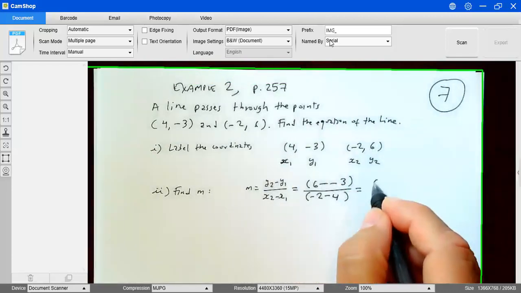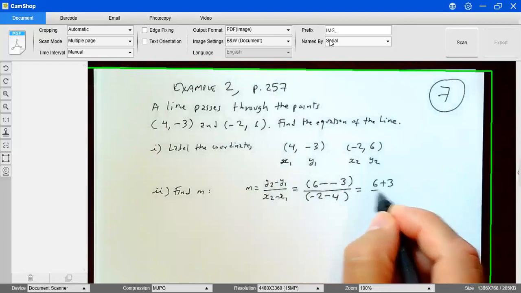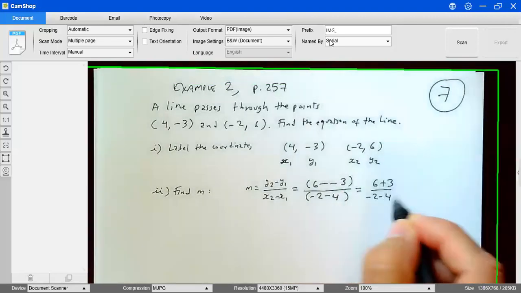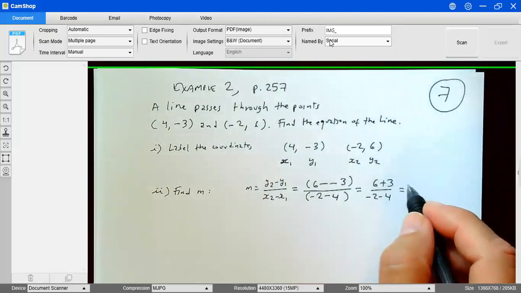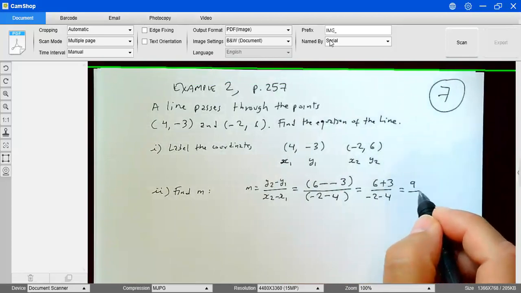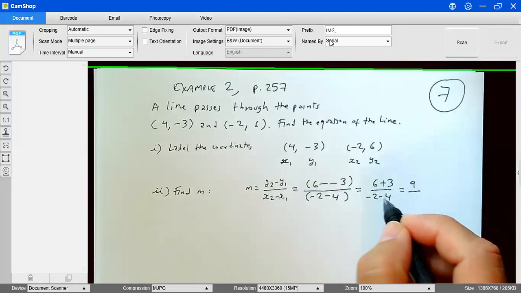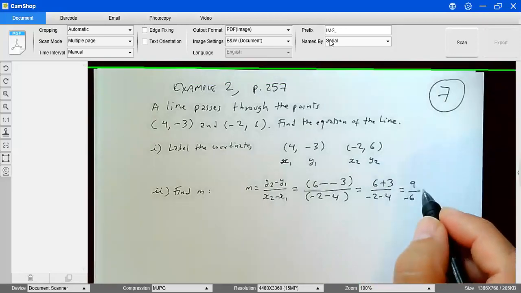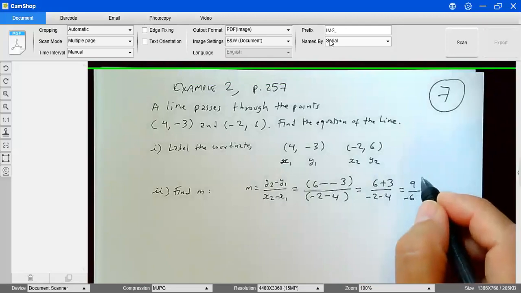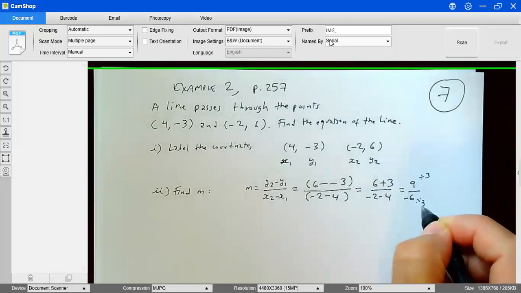So this is going to be 6 plus 3 over -2 minus 4. So we add these two quantities, you're going to get 9. And then you add these two quantities, you're going to get 6, but they are negative. And then you can simplify this fraction by dividing by 3 both the numerator and the denominator.